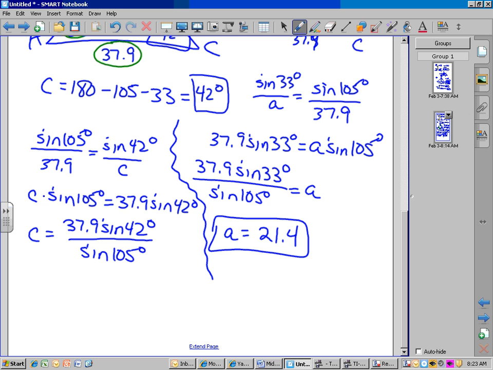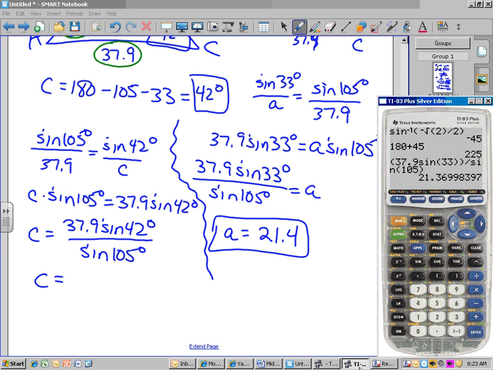Really, it's the same process of solving. And again, we can type that into our calculator and get a solution. Point 3.